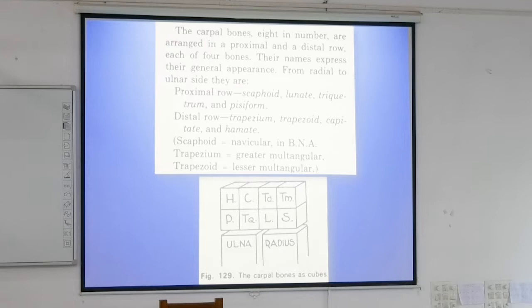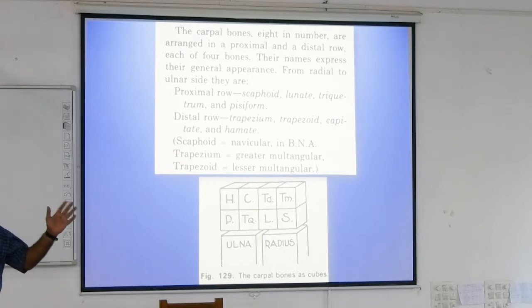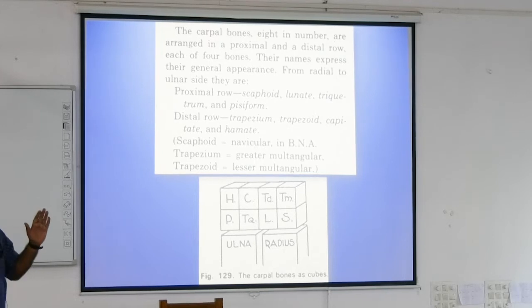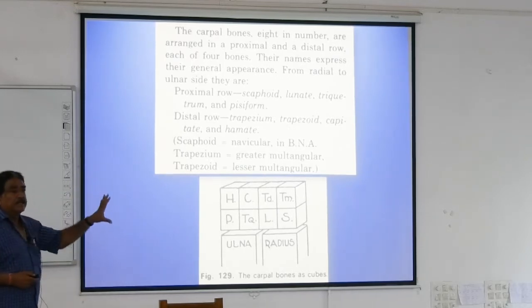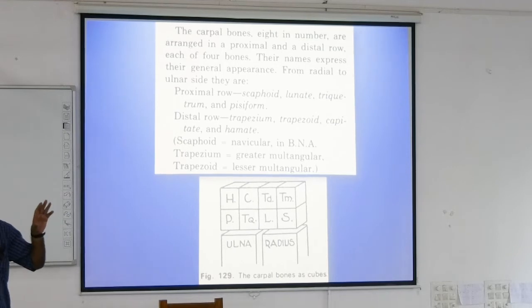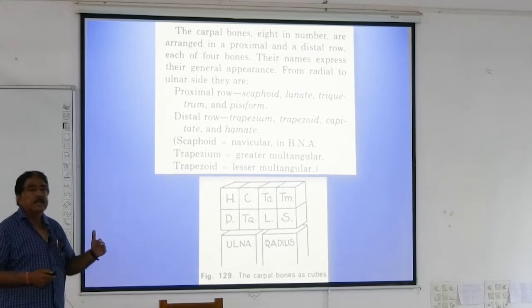From radial to the other side. When you take an articulated hand, of course you have to mug, but if you have this picture in mind, there are 8 bones, proximally 4, distally 4.